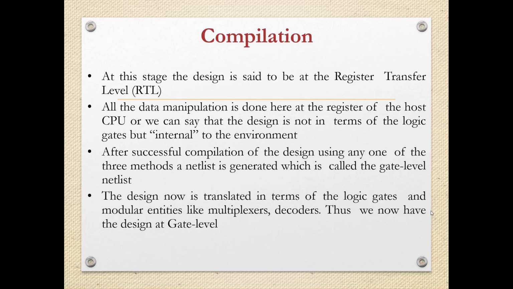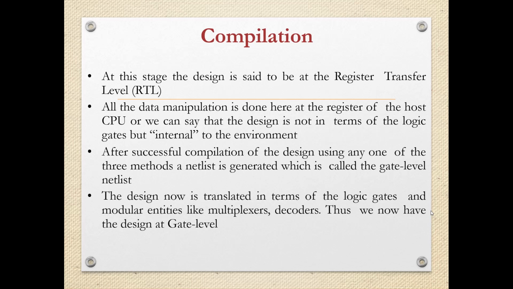So once the design entry is done, the next step in the design flow is compilation. At this stage, the design is said to be at the register transfer level, that is RTL. All the data manipulation is done here at the register, or we can say that the design is not in terms of logic gates but internal to the environment.